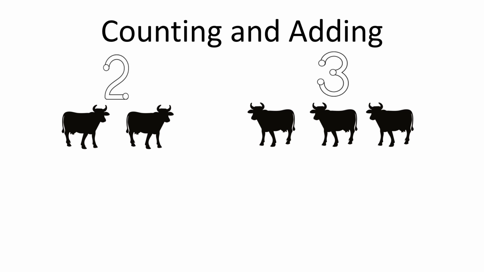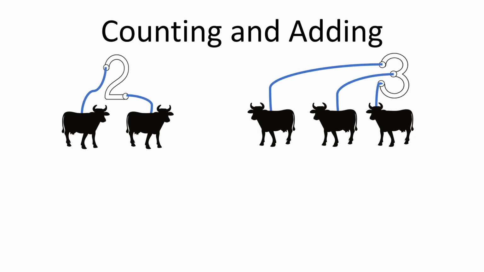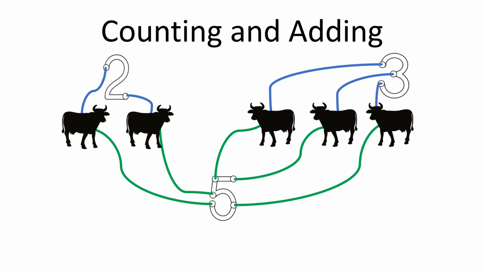So here we've got 2 cows, and we've also got 3 cows. So the podules on the digit 2 connect to 2 cows. The podules on the digit 3 connect to 3 cows. And there you see the only digit that has as many podules as there are in 2 and 3 is the digit 5.